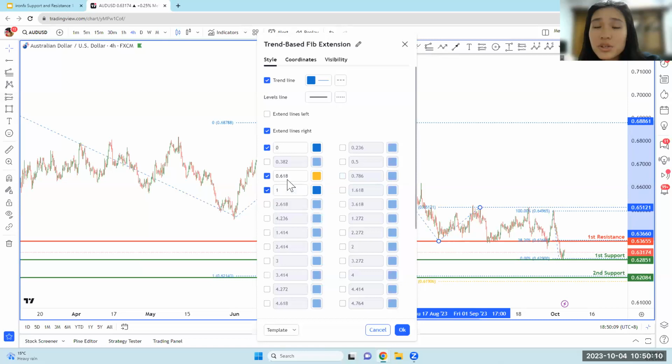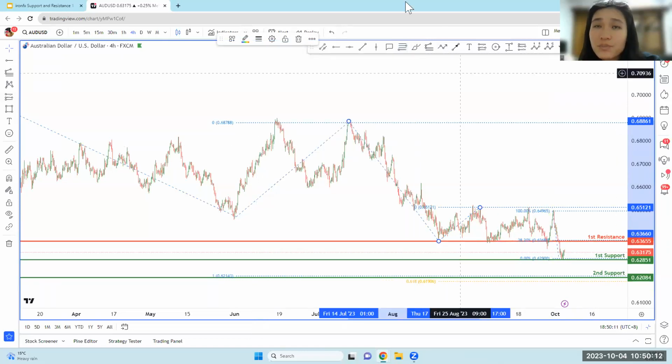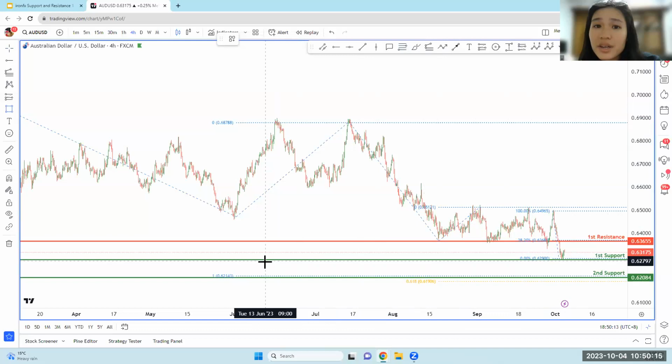Okay, my 61.8 also lines up with my second support. So you can see here I have a confluence area here.